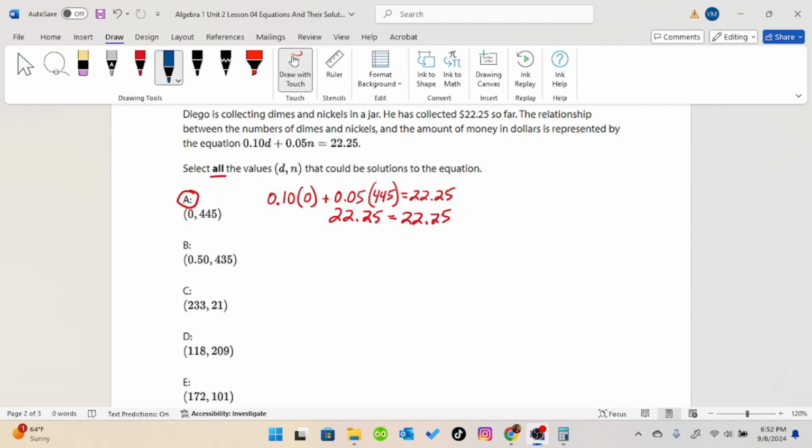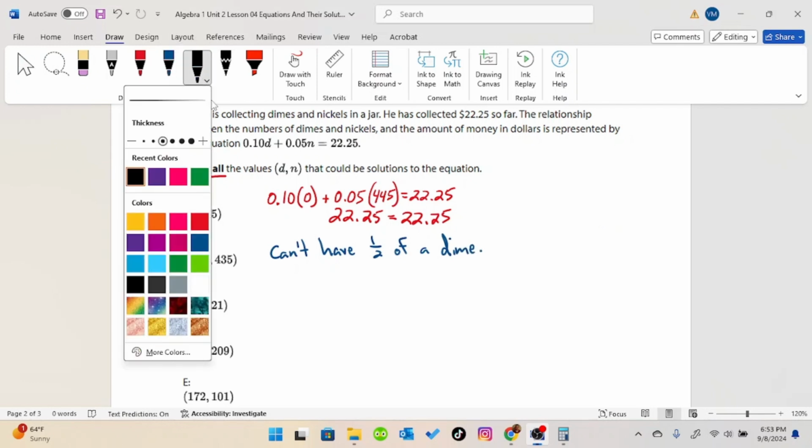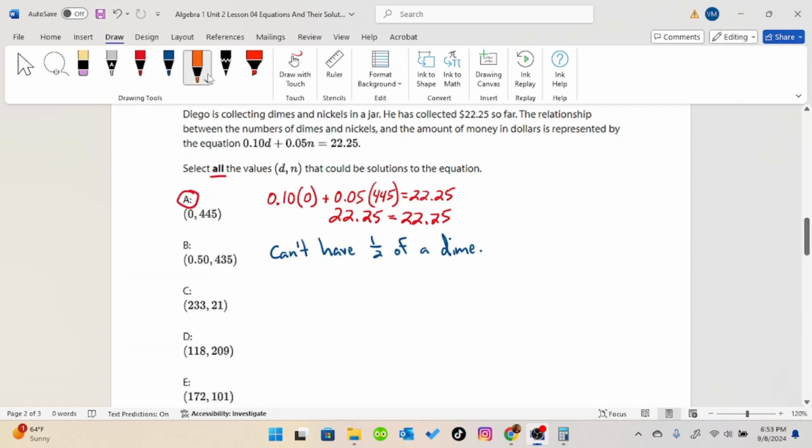We either have a dime and we have 10 cents, or we don't have a dime and we have no money. So B, we can't have half of a dime. Because of the context of the situation, we know that B is not an answer.